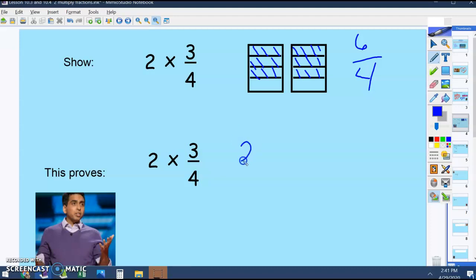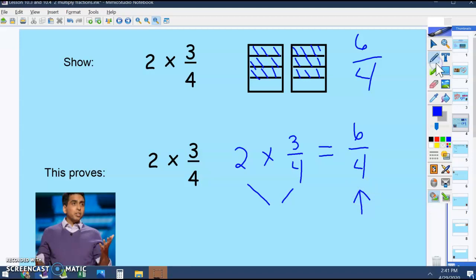If I show this mathematically, 2 groups of 3/4 as an equation, it would look something like this. 2 groups of 3/4 is the same as 6/4. And if you look at that equation, I want you to think about the connection between these numbers and this result, and how could you come up with that?